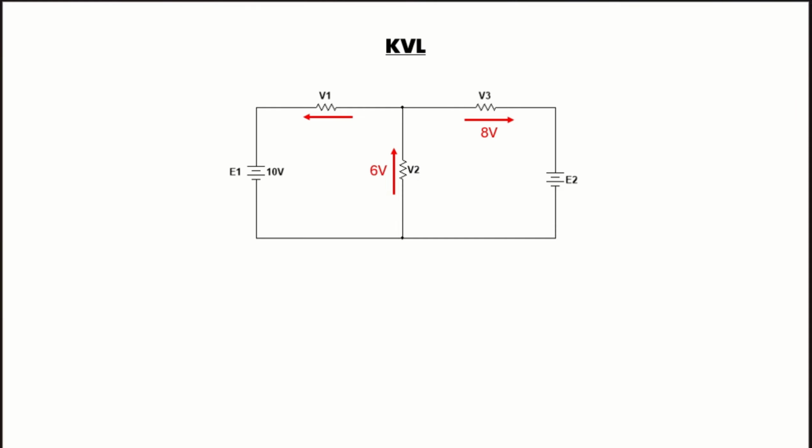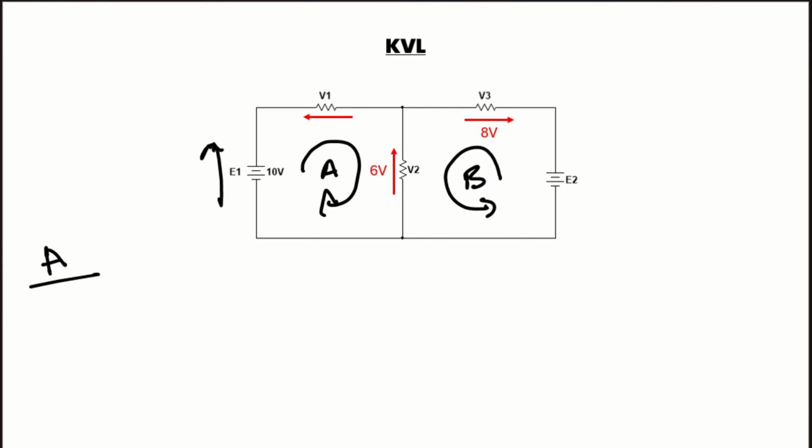Let's try to find out the value of V1 and E2 in this circuit. Here we have two loops, where I will put loop A in clockwise direction and loop B in anti-clockwise direction. If you apply the KVL at loop A, then the voltage across E1 and the loop direction are in the same way, so E1, minus V1, because the loop direction and the V1 direction are opposite.